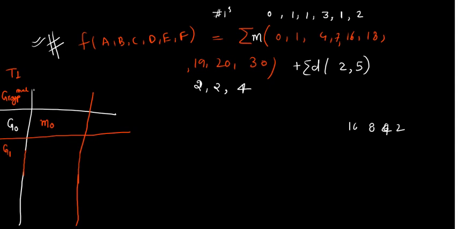Correct? We want to write 31, 2, 4, 8, 16, 32. 16, 8, 4, 2. Right?